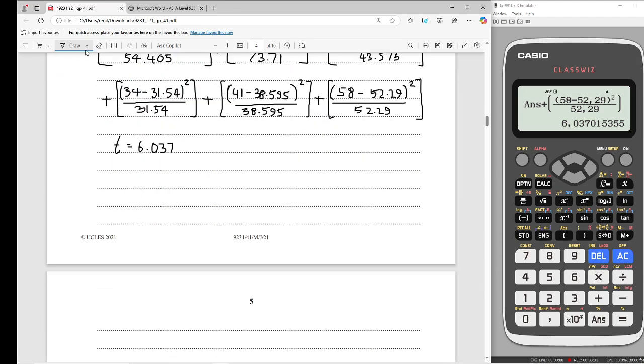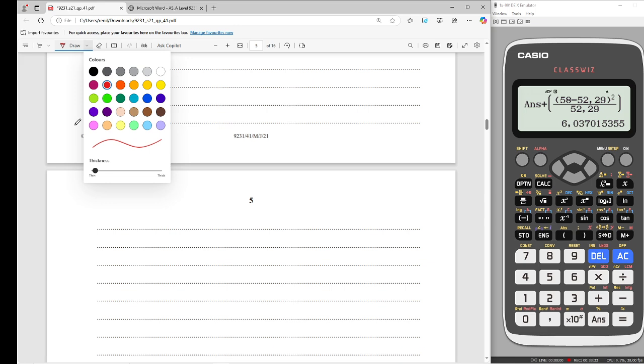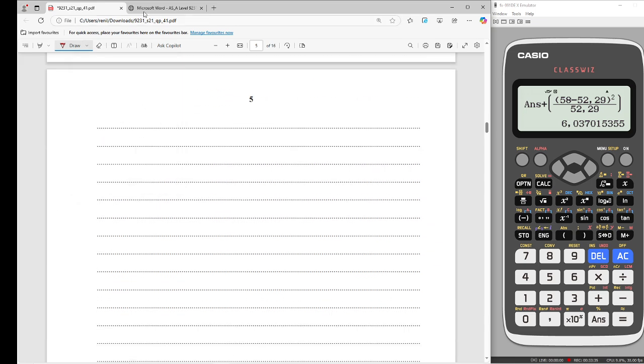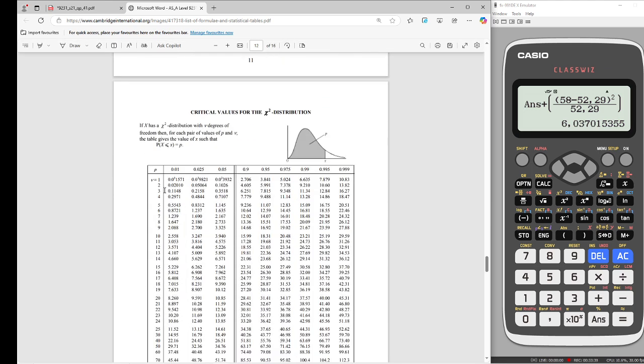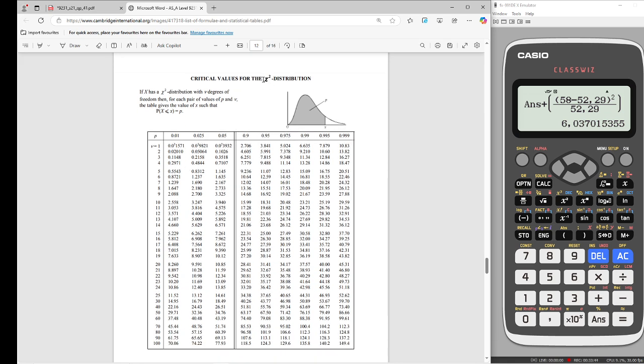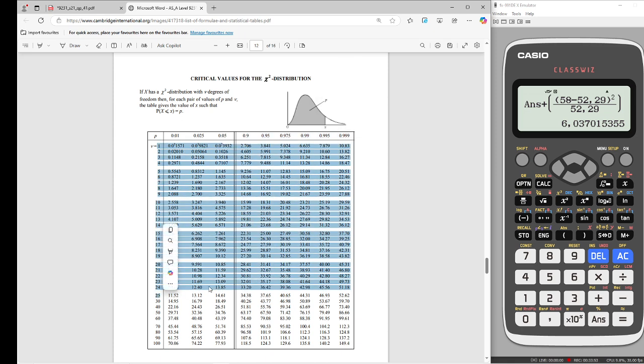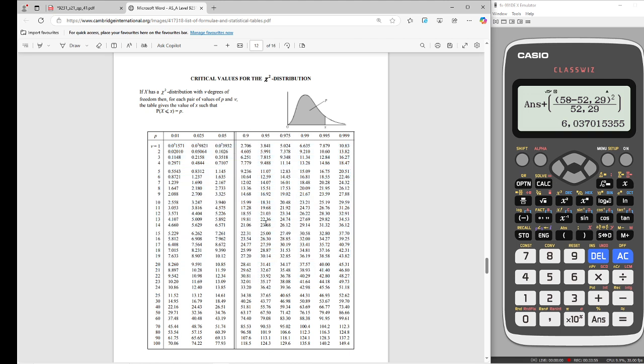To find the critical value, we need to find two things, which are the p-value and the Greek letter nu, which represents degrees of freedom. So we have here the chi-squared distribution table. The p-value is the column heading, and the degrees of freedom is the row heading. Based on the intersection of the two, we can find our critical value.